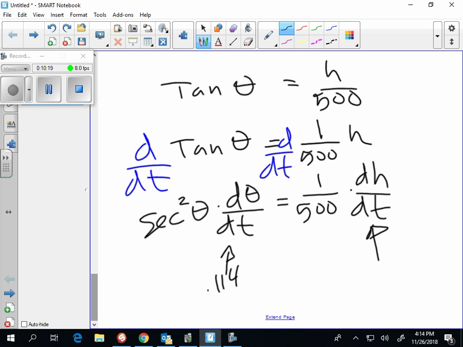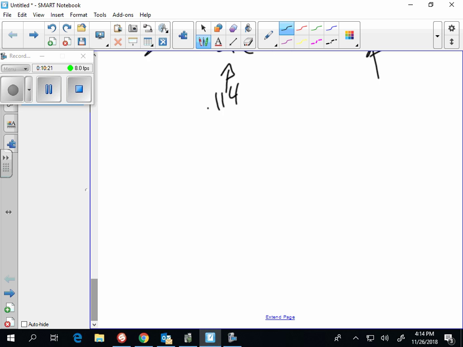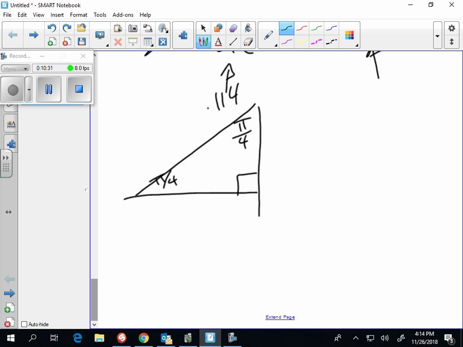And secant of θ. Well, let's think about the secant of θ. We've got this situation here where this is π/4 and π/4. And we know that this is 500. So because of our geometry knowledge and our trig knowledge, we know that this would also be 500, and this would be 500√2. Now, we're looking at secant squared θ.